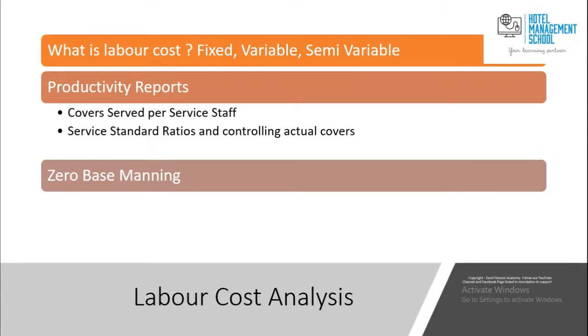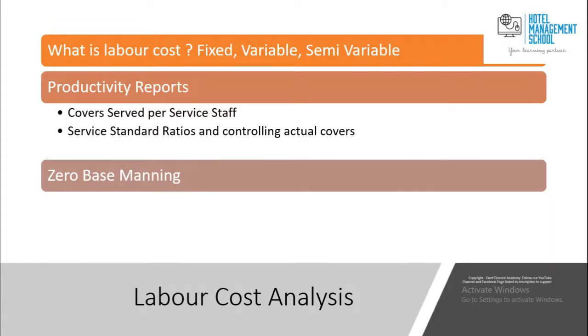This is now your zero base. Every staff increase from that zero base needs to be justified by an increase in the activity, an increase in the production. So if you have an increase in production, then you can justify an increase in staff.